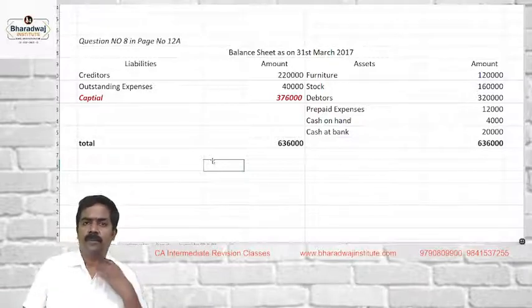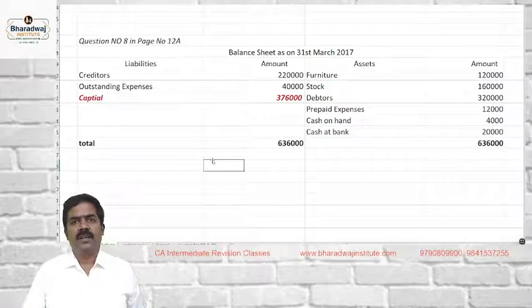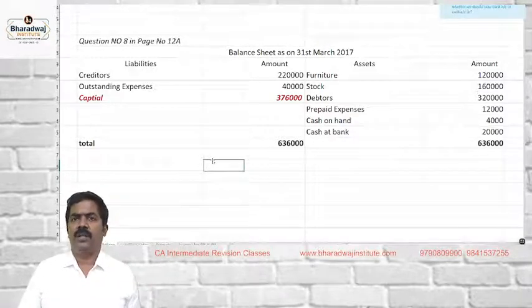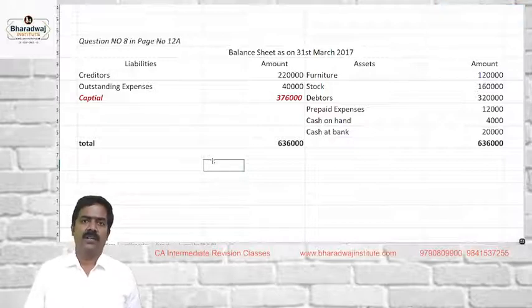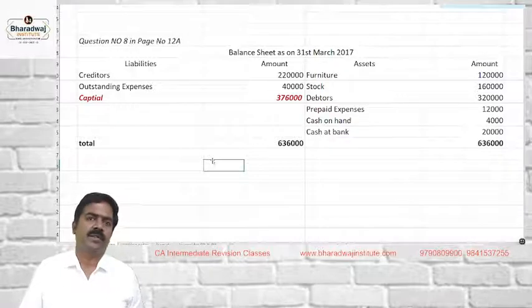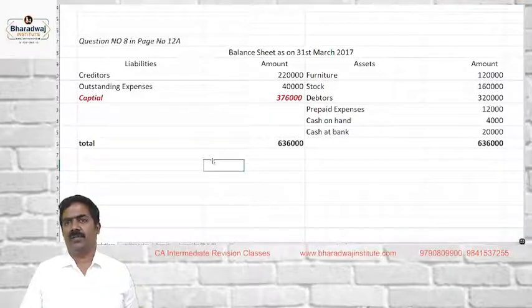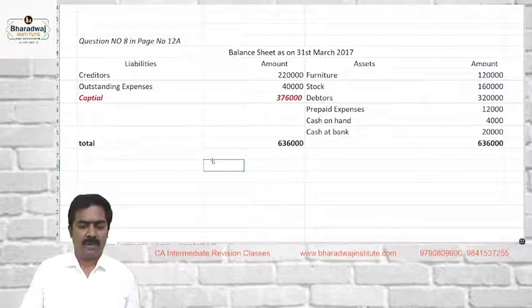Is it after deducting discount or before? Is it net? What is given? Payment to creditors is given, which means it is after discount, only the net payment is given. Based on that you have to work out the discount. The discount given is 2%. If that is 98%, what is 2%? Like that you have to work out.